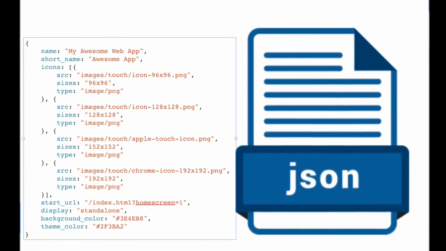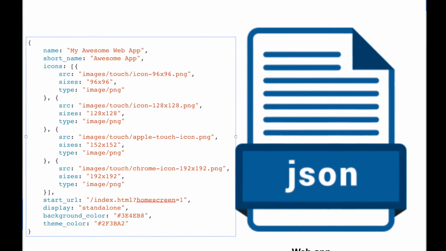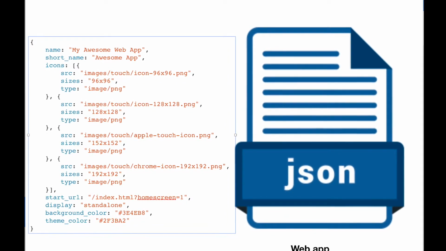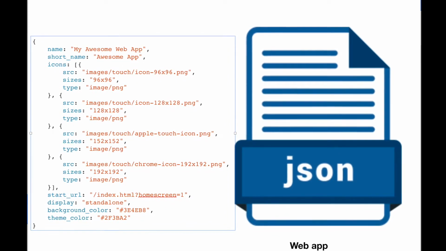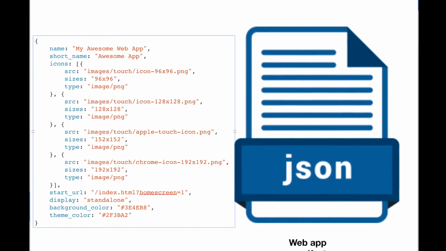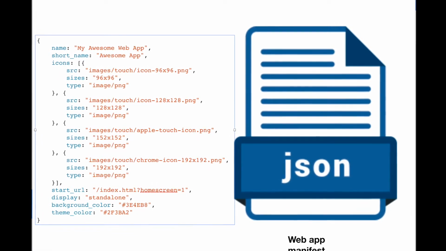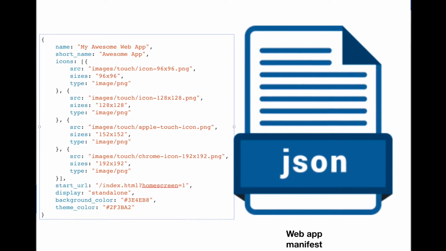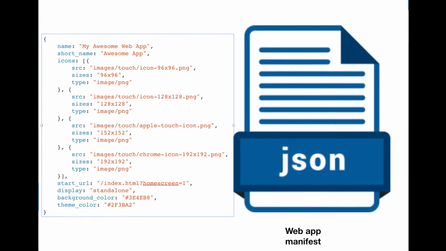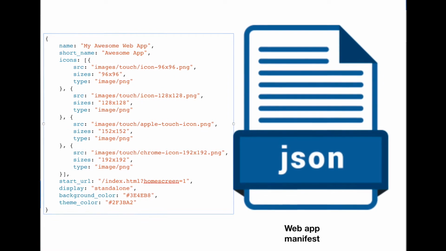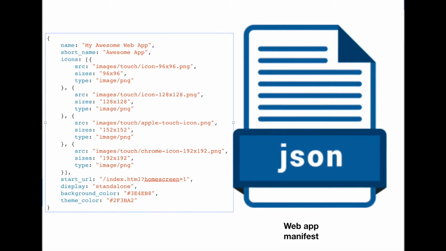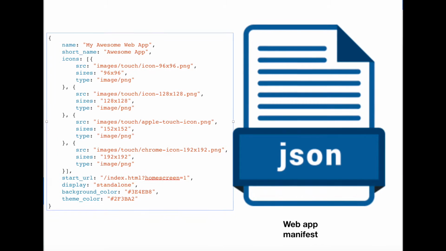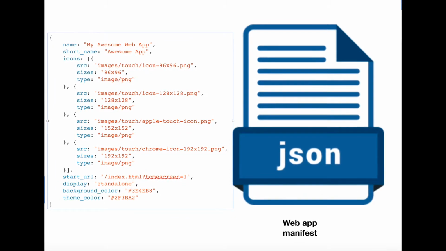The file allows you to find a centralized place for the web app's metadata. The manifest usually contains the starting URL, an app's full and short name, links to icons and icon sizes, type and location. You can also define a splash screen and a theme color for the address bar.